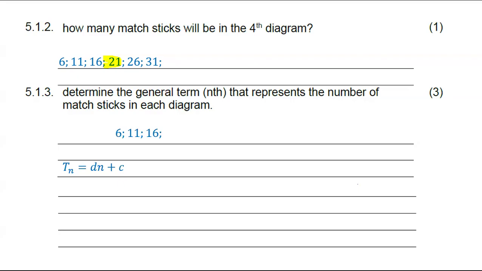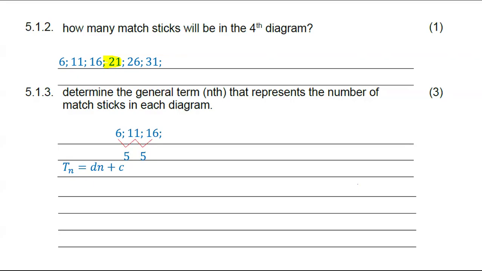You will notice that for me to move from 6 to 11, I added 5. To move from 11 to 16, I added 5. If I was to work backwards from 16 to 11, I will simply say 16 minus 5, it'll give me 11.